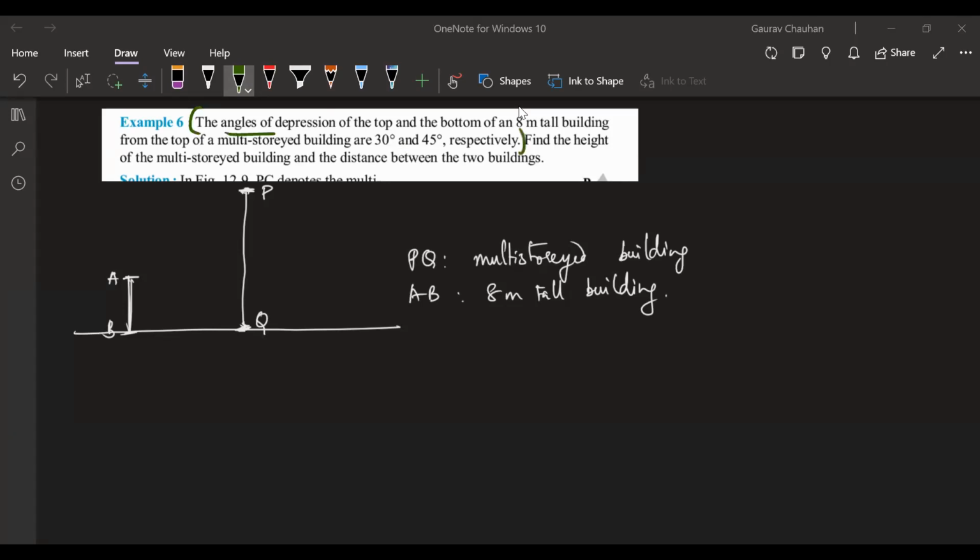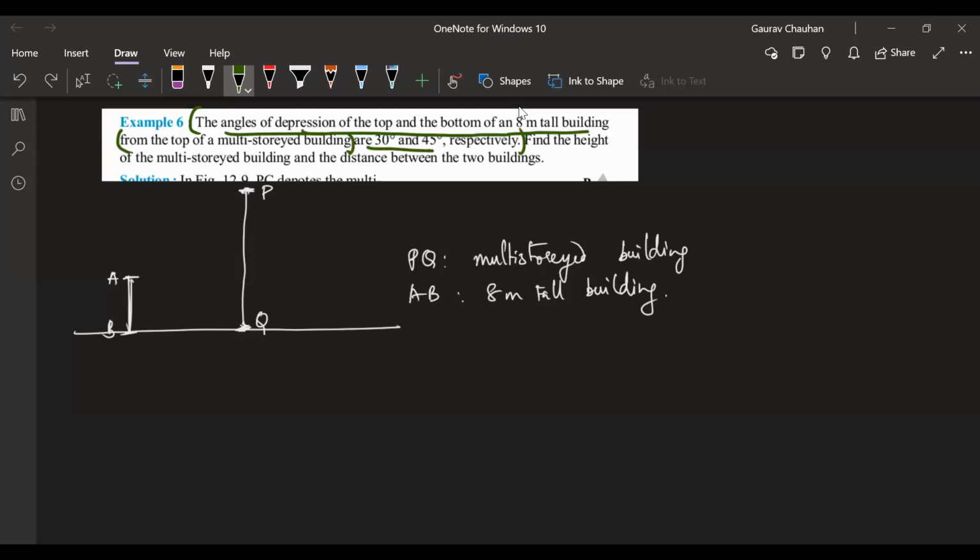The angles of depression are 30 degrees and 45 degrees. The angles of depression of the top and bottom of an 8-meter tall building, which means from where? From the top of a multi-story building, which means this is my viewing point. My eye is at T. I am looking from the point P, the top of this building.